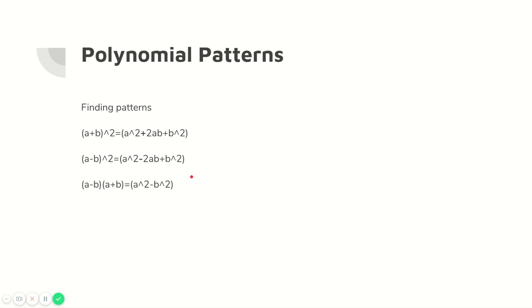This is probably the one that you have to keep in the back of your head the most, because a lot of times some polynomials seem as if they can't be factored because you have an x squared and then just a normal number. But actually you can, sometimes it's just because you have a minus b times a plus b. So you'll get a squared minus b squared. And you can see that this time you don't have minus 2ab.